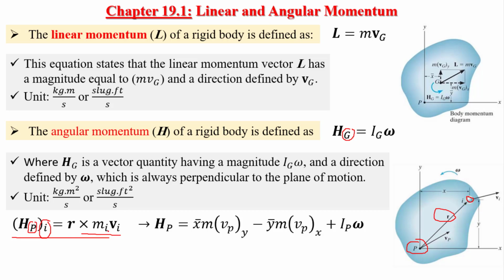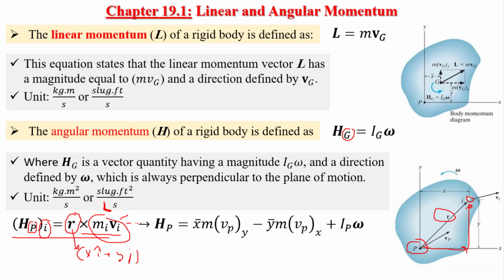So mi vi, which represents L. If I take the linear momentum L cross product with the relative position vector r, and substitute for r its direction and magnitude, which is x in the i direction plus y in the j direction, because you know that this r consists of an x component and a y component until it reaches the ith point. Okay, and this is cross product vi.